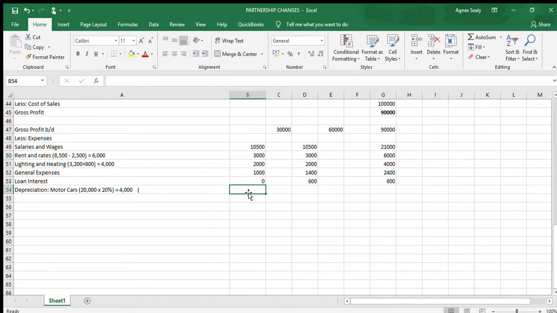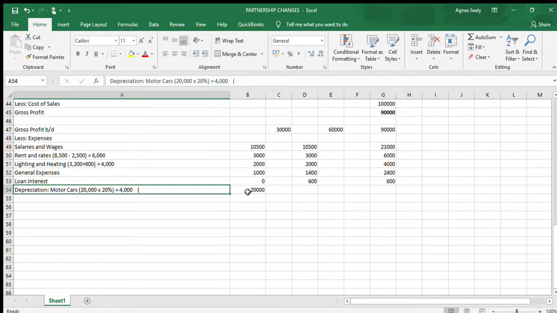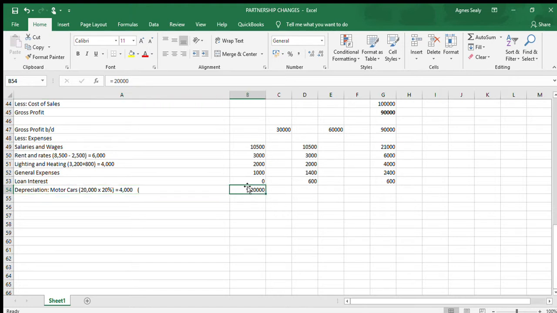So for the motor vehicles that we had at the beginning, $20,000 times 20%, which is 0.2, divided by 2, is $2,000.